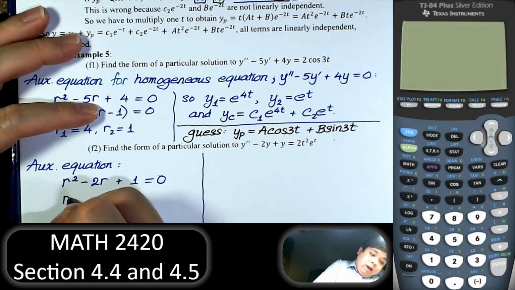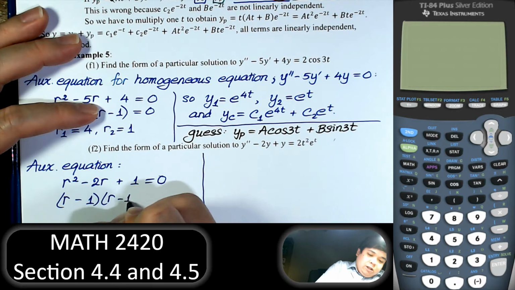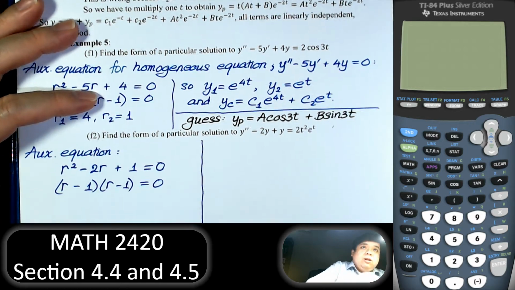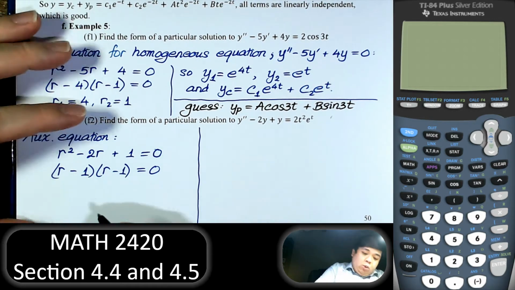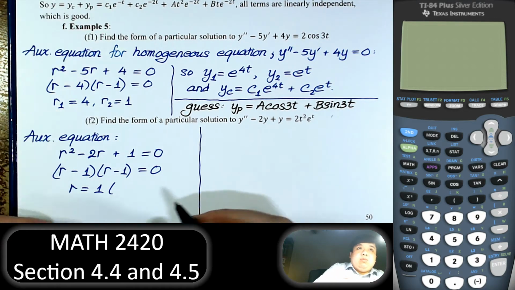So this we factor as (r minus 1) squared, and so we have r equal to 1, and this is a double root, or multiplicity of 2.